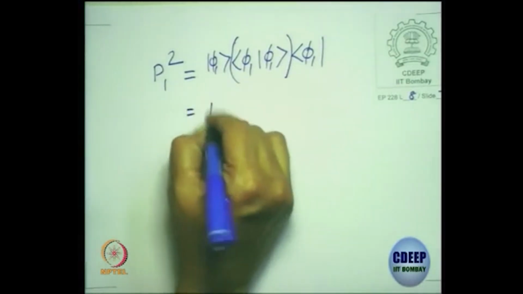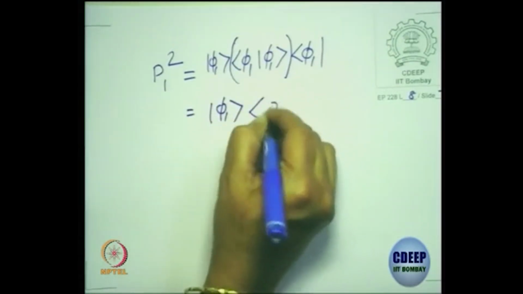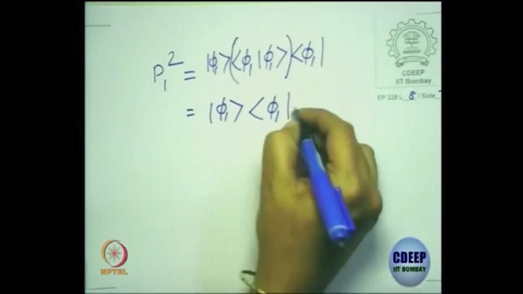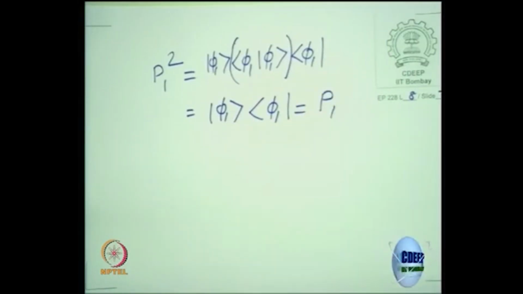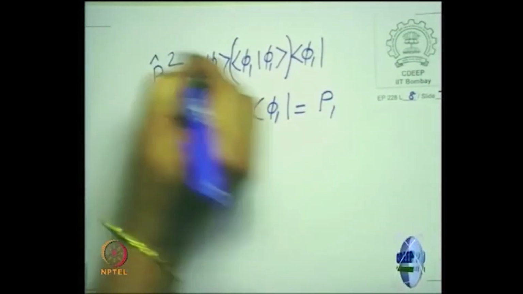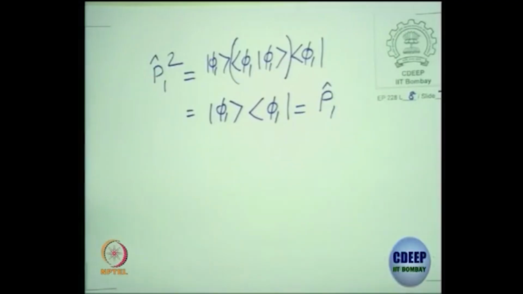So, this is same as phi 1 phi 1. That is the property of a projection operator. Sometimes I do not put the hat, but from now on you should know that when I write an outer product, it is an operator. So, this is the property of the projection operator.